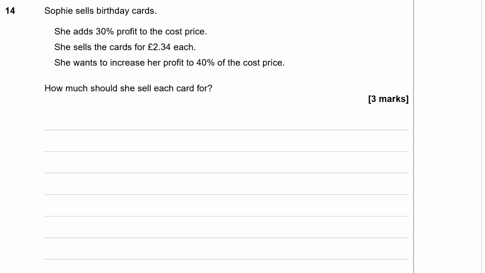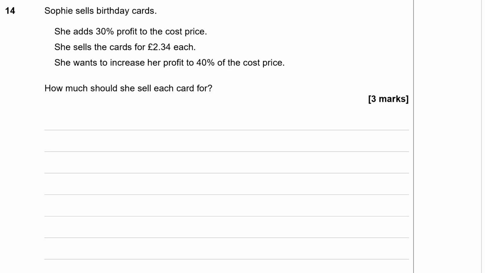I think it's sensible to start with the price that she's selling cards for, which is £2.34 each. Now this is the cost she sells the cards for, so it must already include her profit margin of 30%.